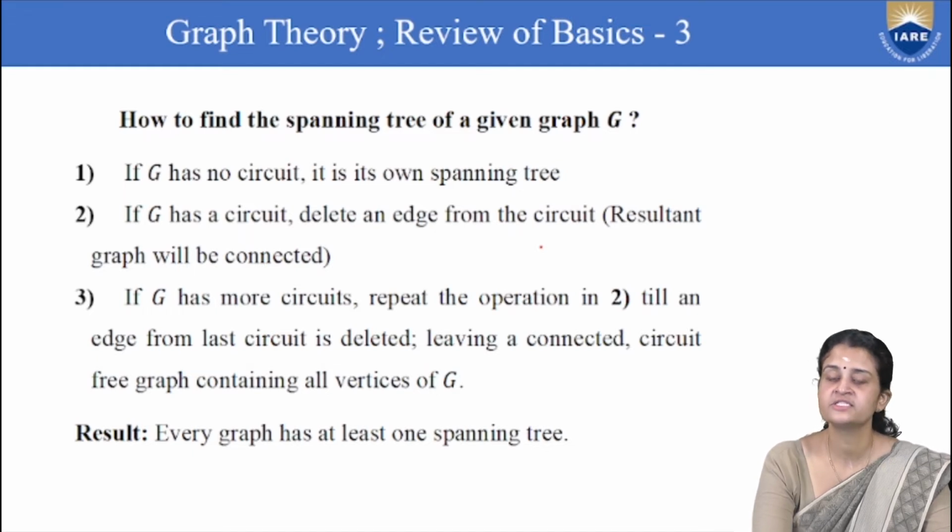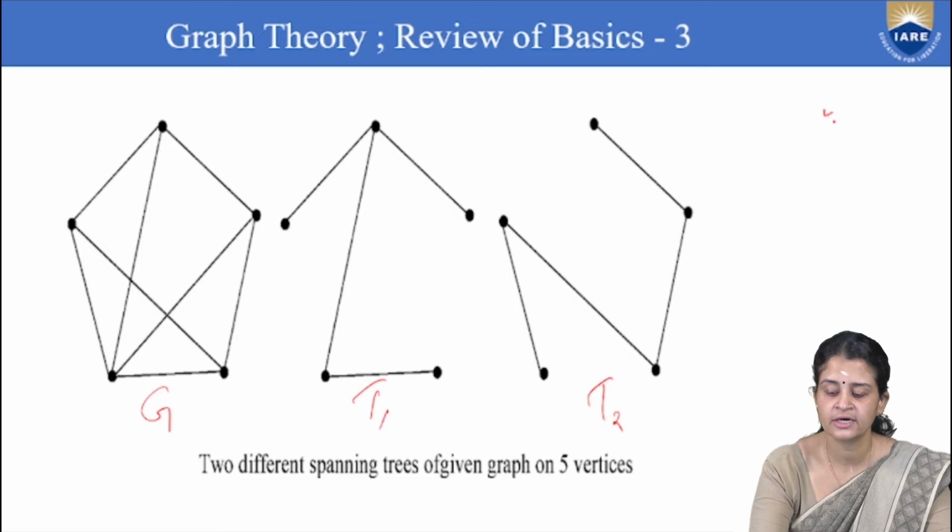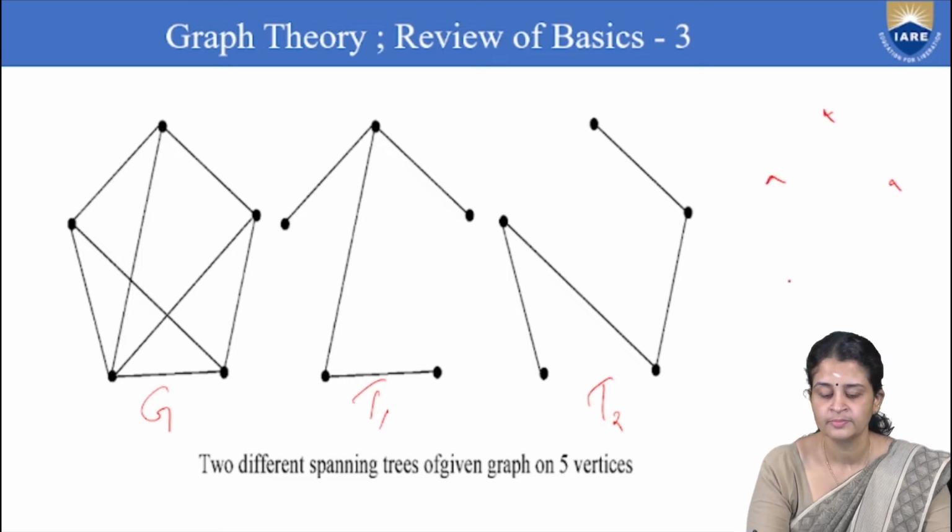When we were considering this, we had given two spanning trees of a graph with 5 vertices. We can draw different spanning trees from this graph also. Suppose here I am going this way, I can put it like this also.